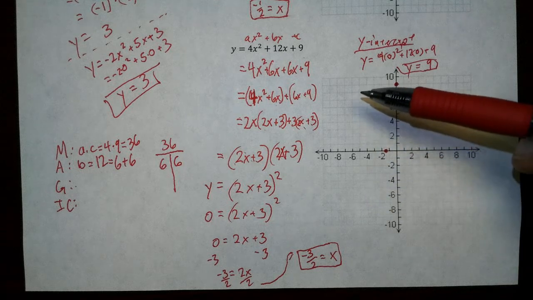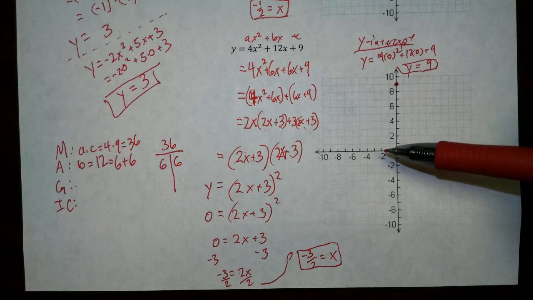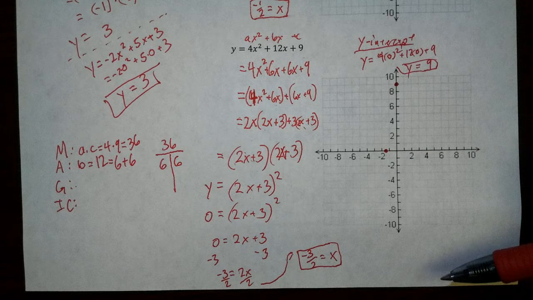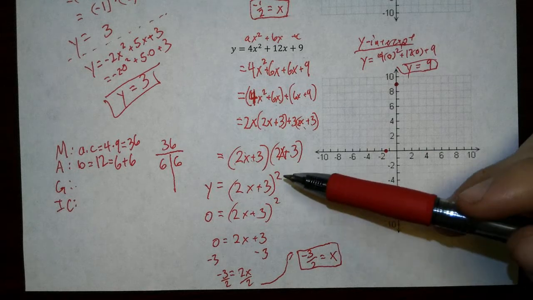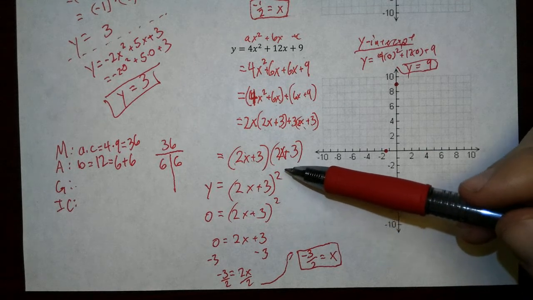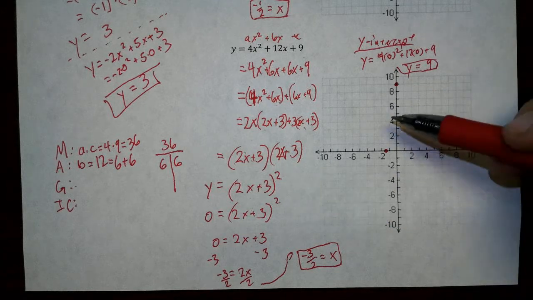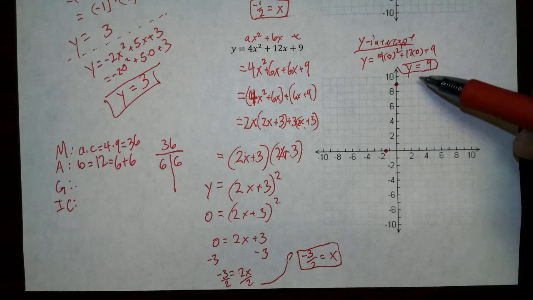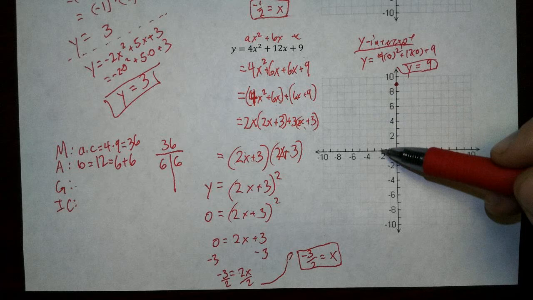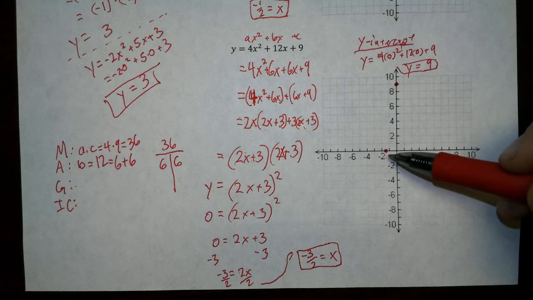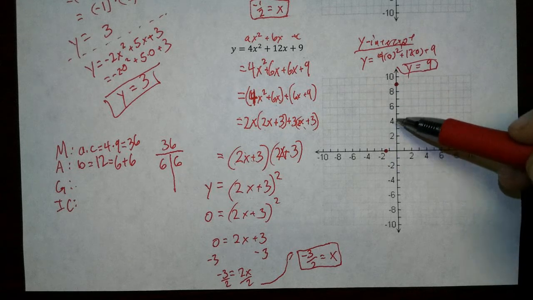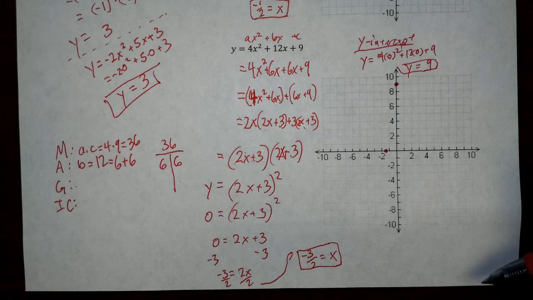No, it actually has it precisely on the x-axis. When we have a perfect square like this, our vertex lies on the x-axis. It lies right here because it turns around precisely when it touches the x-axis.